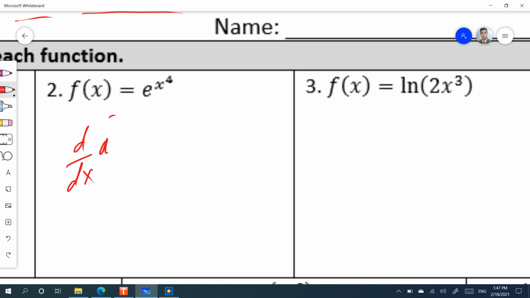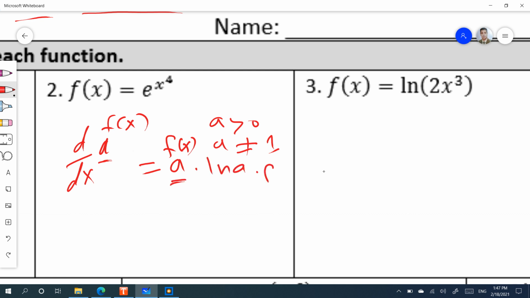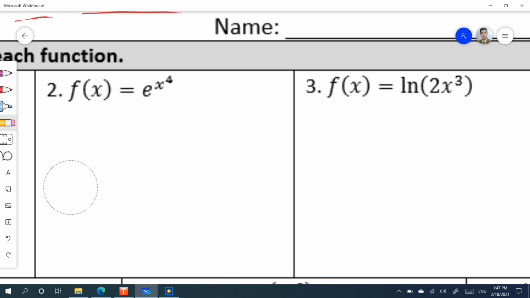This is an exponential function because e is the base and it is a number, and a is always more than 0 and not equal to 1. Its derivative equals a to the power f of x, meaning the same part remains the same, times ln a, times the derivative of the exponent. This is the rule to find the derivative of this function.